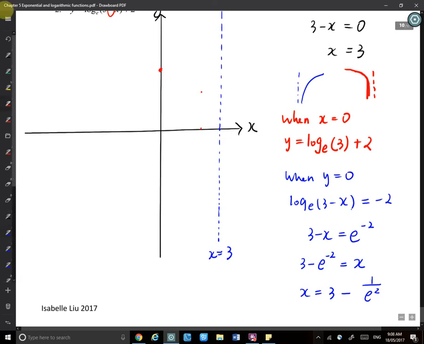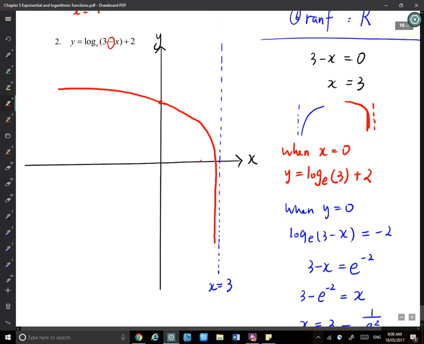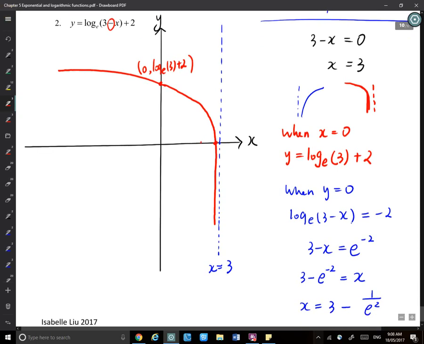And if I sketch the graph, some shape like that. So this point will be (0, log e 3 plus 2). And that point will be (3 minus 1 over e to the power of 2, 0). And there's also an interesting point here.